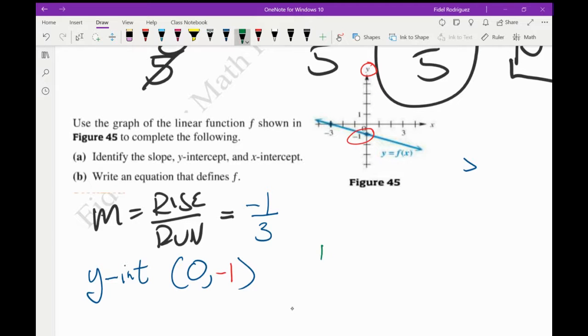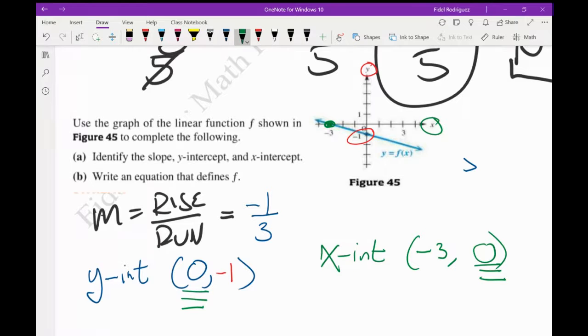And then we're going to do the same thing for the x-intercept. So just like the y-intercept has the first number being 0, the x-intercept has the second number being 0. The x-intercept just means where does it hit the x-axis? Well, it hits it right here at negative 3 and 0.